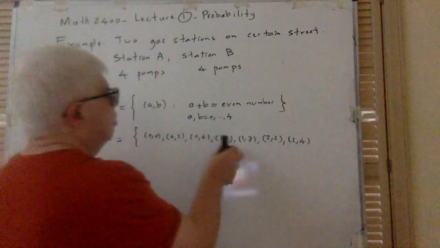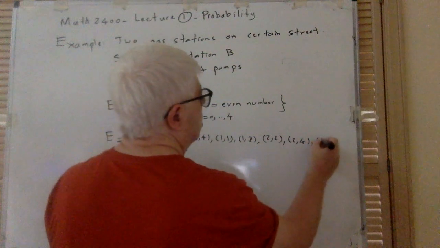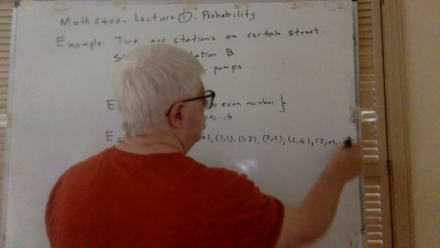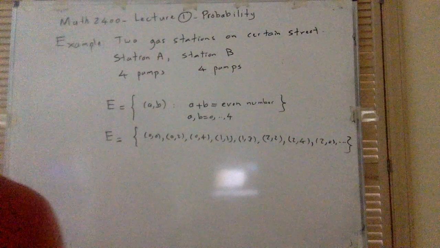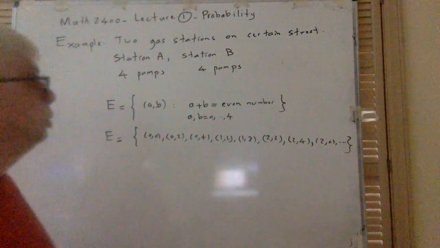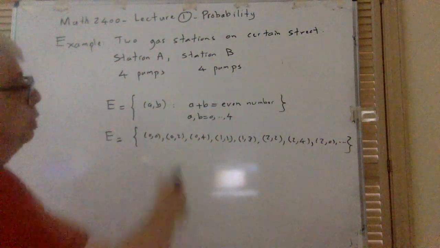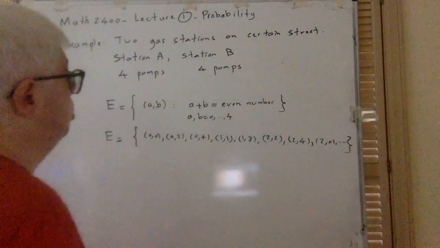Sorry, 1, 0 is not here, but 2, 0 is here. So you can just write down all of them, or you can come up with a way to describe them. This is the abbreviated way, and we prefer this one.